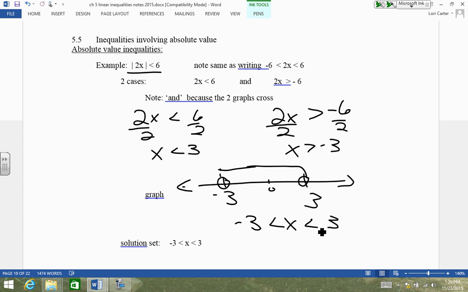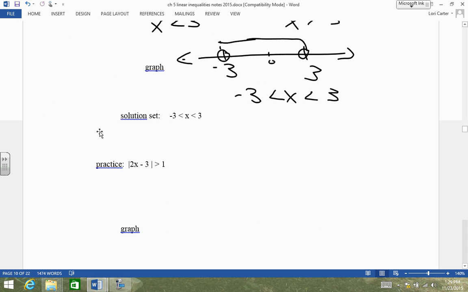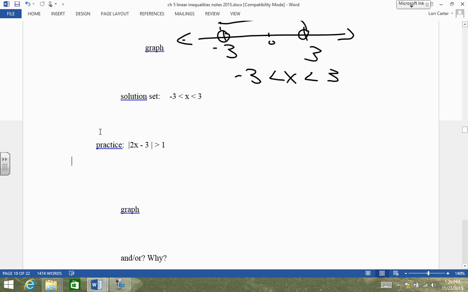If I say the absolute value of 6, what does that equal? What's the absolute value of negative 6? 6. So you let this guy equal positive 6 and negative 6, and that's what we've done. Because from 0, even like on our practice one, there's a negative 3, so you don't keep that as a change. So you can just put 2x minus 3 is greater than 1.